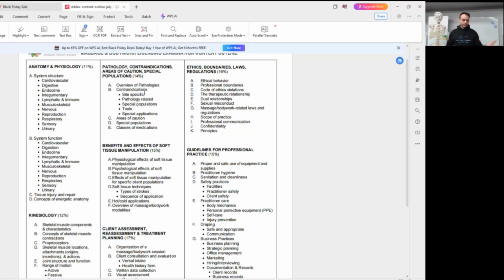But areas of caution, I would say, is also relatively site specific, because there are some areas of the body that we want to be very careful of working in, namely because there are structures in there that we can cause harm to. So I'll just go ahead and wrap that section up into this, which are areas of caution.